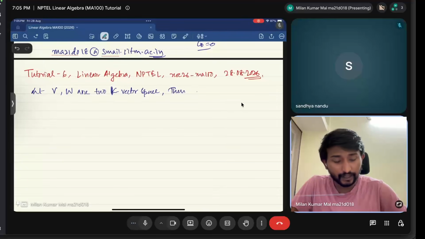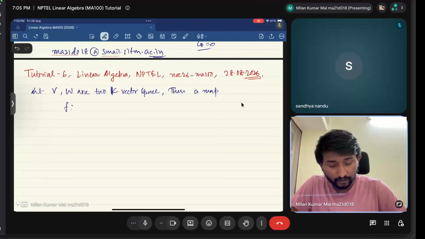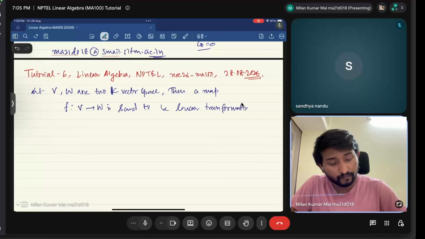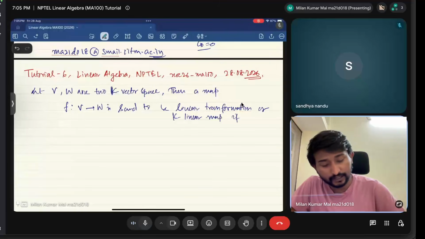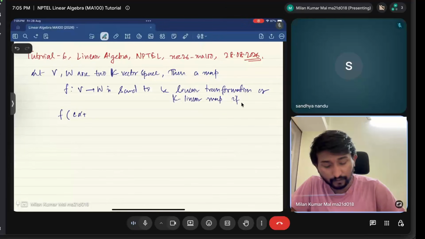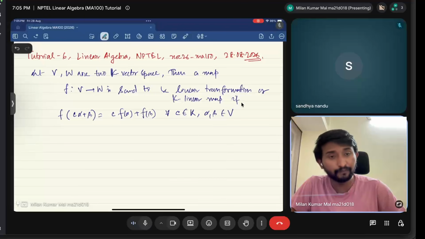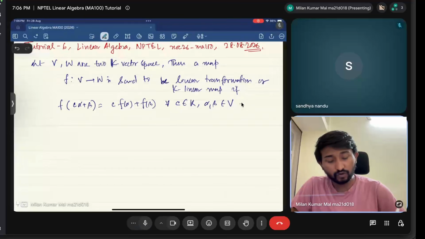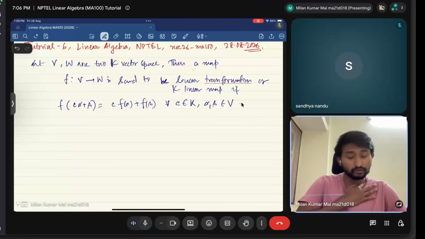Then a map f from V to W is said to be a linear transformation or K-linear map if it satisfies the condition that f of c alpha plus beta is equal to c f of alpha plus f of beta for all scalars c coming from the field K and alpha, beta coming from the vector space V. Then we say f is a K-linear map.